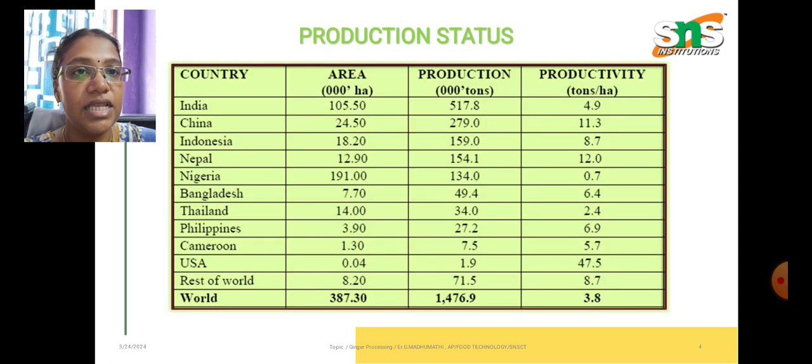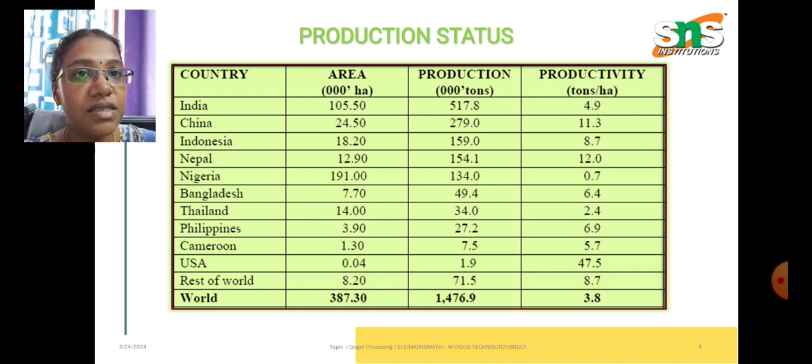In this slide, this shows the production status of the various countries, that is how much area they cultivate and how much production, and the productivity data in tons per hectare is given here.